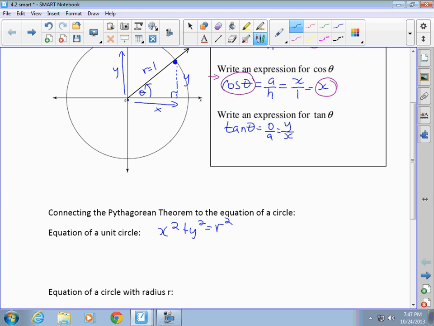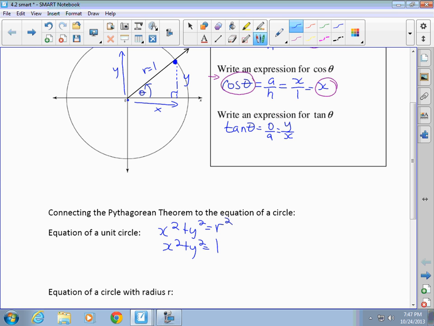So in this case, for a unit circle, we would have x squared plus y squared is equal to 1, or 1 squared. If we weren't talking about a unit circle, then it would just be called the equation of a circle.